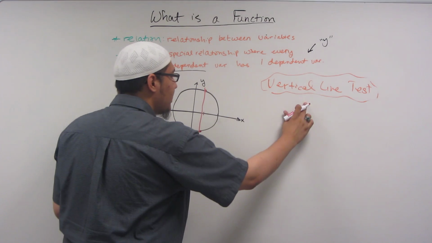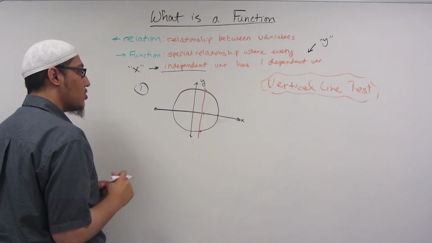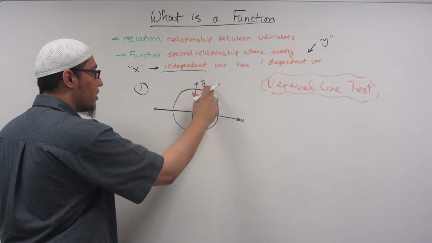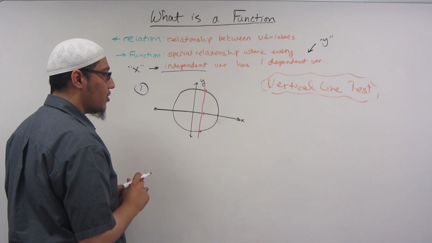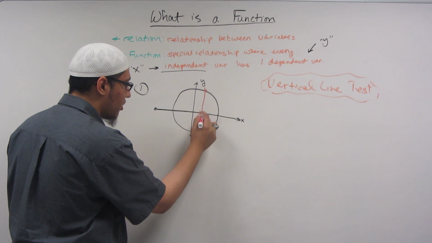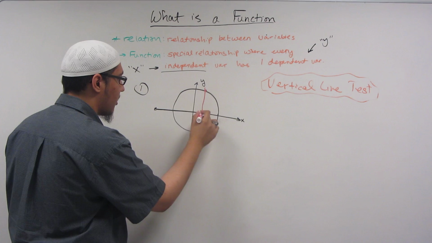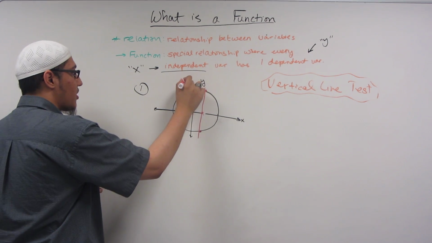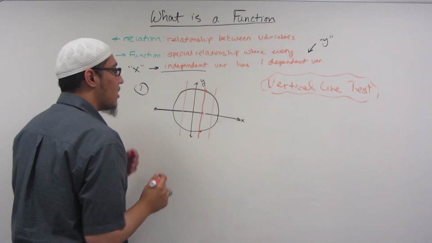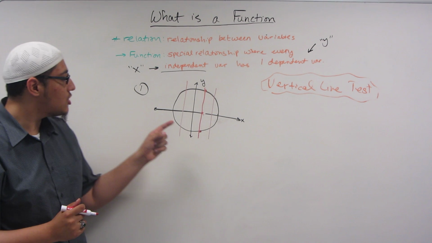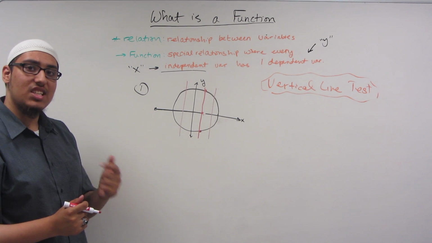If I use the vertical line test, you can see that I cross 2 points at the same x value. Okay, now this x value, if my drawing was correct, would have been right here. All right. Now same thing over here and over here. The idea is that this relation is not a function.